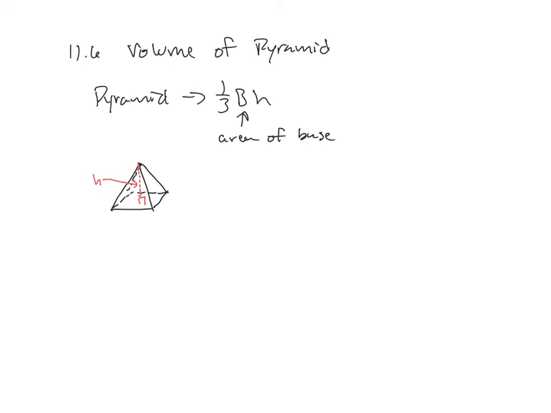Just to make it a little bit different, let's say that this was 8 and this was 6, and then the height was 10. So we'd have 1/3. Area of the base would be 8 times 6.